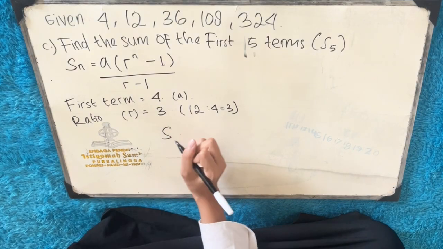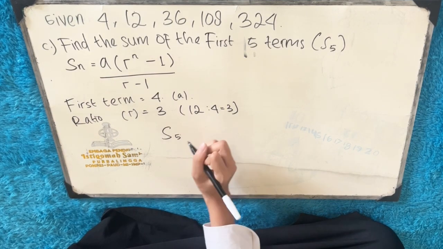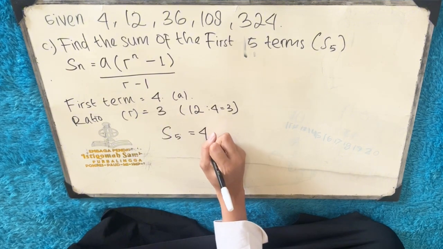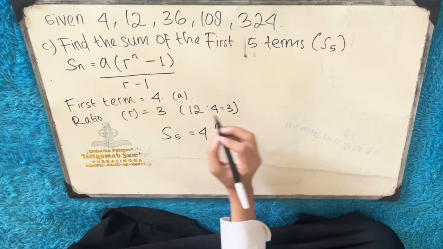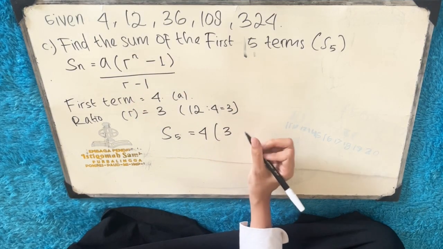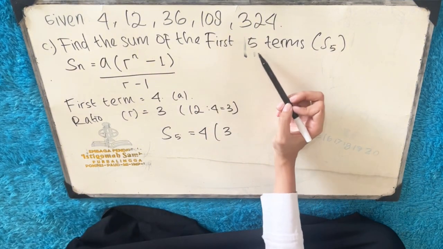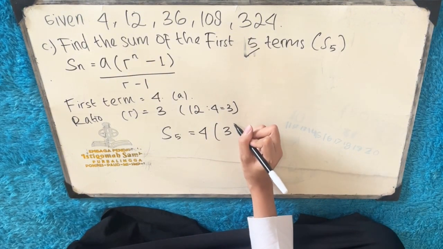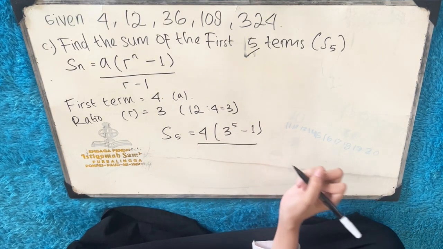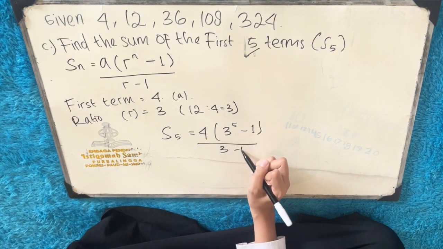So S sub 5 equals a, which is 4, multiplied by r, the ratio, is 3, and n is 5, minus 1, divided by r, which is 3, minus 1.